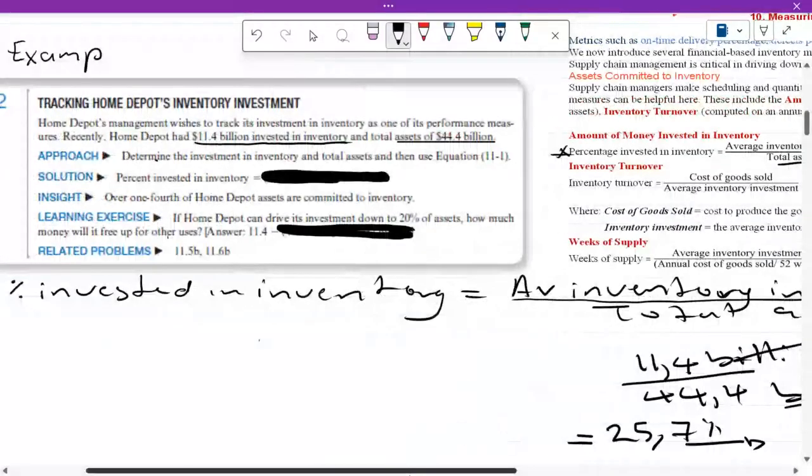Now, over one quarter of Home Depot's assets are committed to inventory.